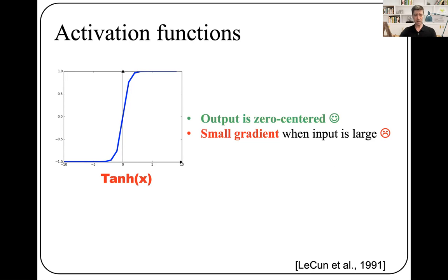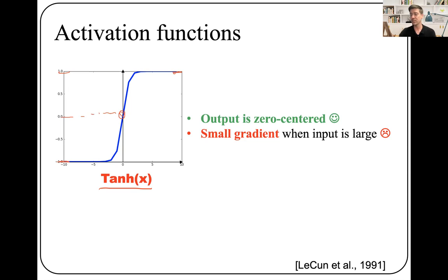Okay, so another very common function is the hyperbolic tangent, which has a very similar shape to the sigmoid function. The main difference being that instead of ranging from 0 to 1, the hyperbolic tangent ranges from -1 to +1. So now we have an activation function which has a 0-centered output, right?